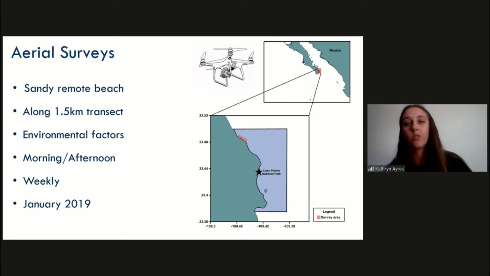It wasn't possible to do surveys between these times due to sun glare, which causes reflection to block out the transect area. So these flights were conducted weekly, and they were started in January 2019. So I'm just going to present the results from that first year, but we have continued this project as part of a long-term monitoring project.